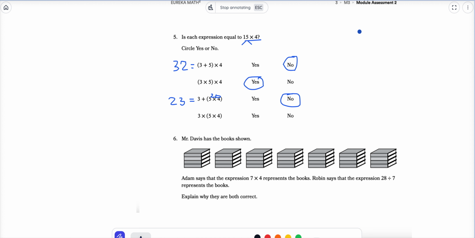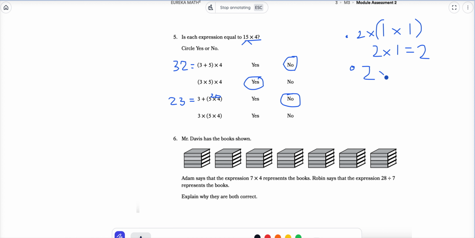Because check this out. Watch. We'll do one that we can kind of easily do. So if I have 2 times 1 times 1, let's solve. What's 1 times 1? 1 times 1 is 1. So then we do 2 times 1, and that equals 2. I'm going to do the same thing here, okay?